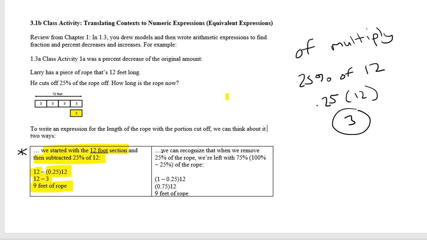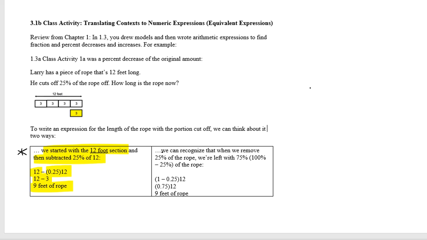Another way we can write the math for this situation is we can realize that if Larry is cutting off 25% of the rope, and the rope starts out as 100% of the total, he's going to be left with 75% of the total.